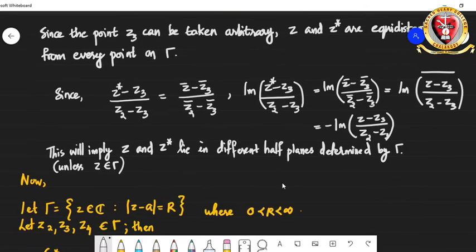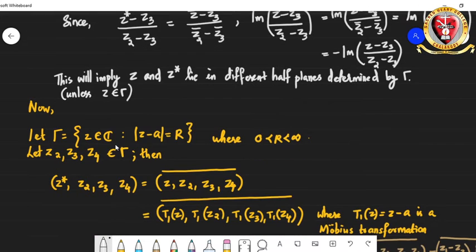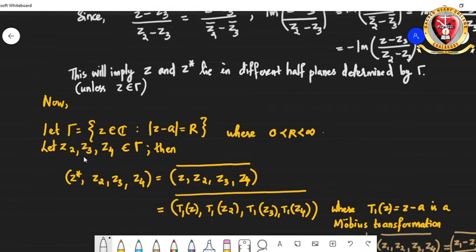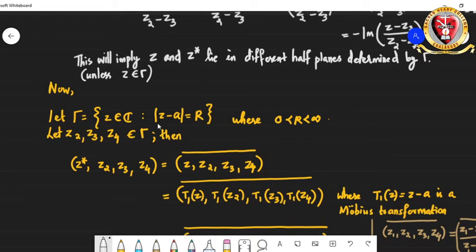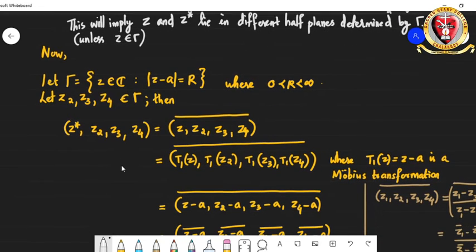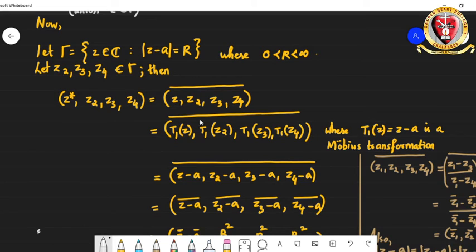Now let gamma be a circle centered at the point A with radius R, where R is strictly between 0 and infinity. Suppose you take three points z2, z3, z4 on this circle gamma. If z and z star are two symmetric points with respect to gamma, you get the equation like this. On the RHS, you know that cross ratios are invariant under Mobius transformations.